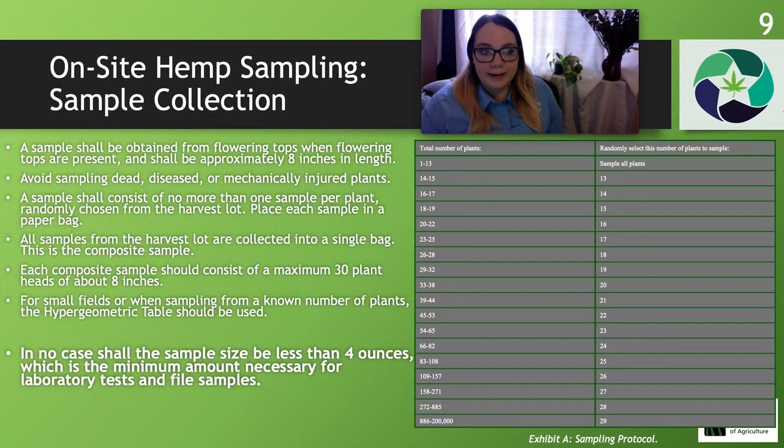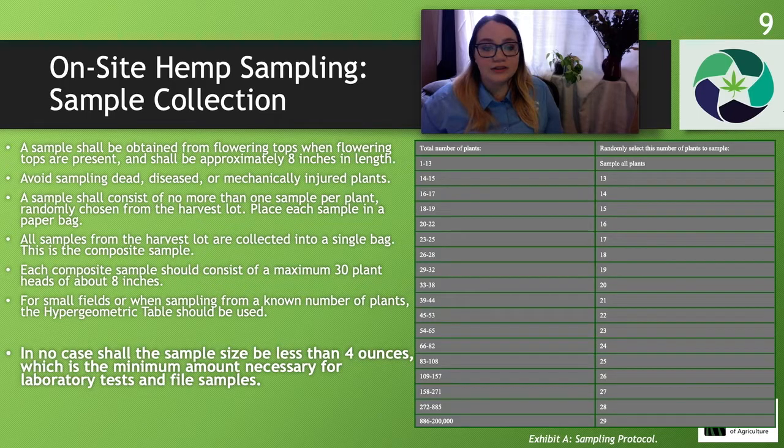Place each sample in a paper bag, and all of the samples from the harvest lot are collected into a single paper bag. And this is what we refer to as the composite sample. Each composite sample, so each bag, should consist of a maximum of 30 plant heads of about 8 inches. So really there's not going to be a case where you're sampling more than 30 plants, even with the largest fields.